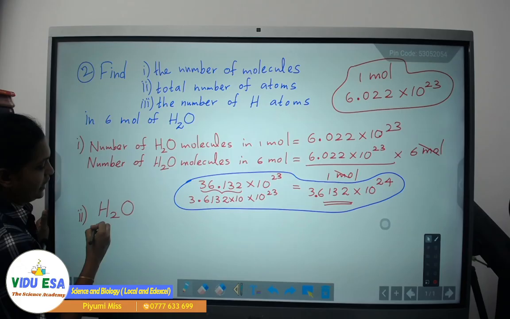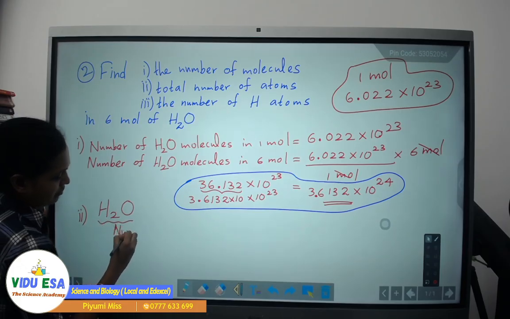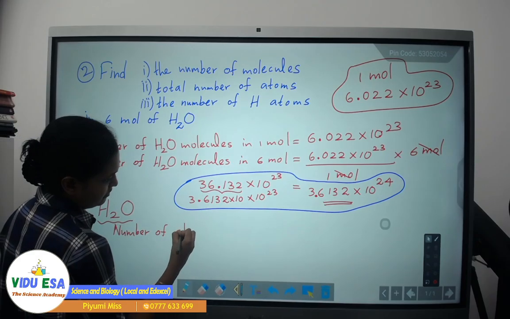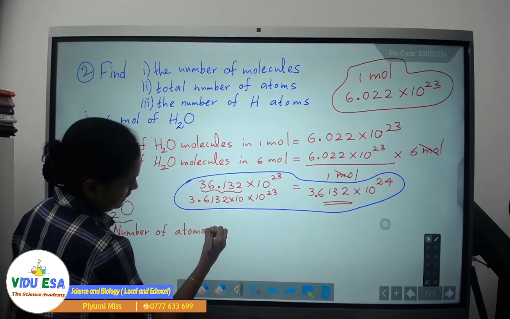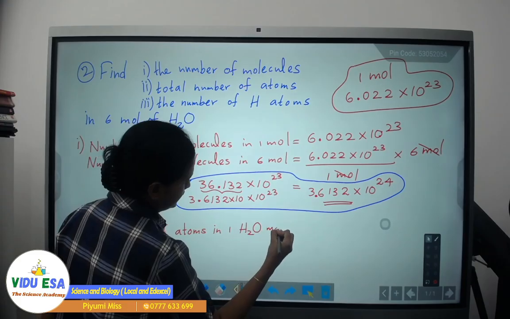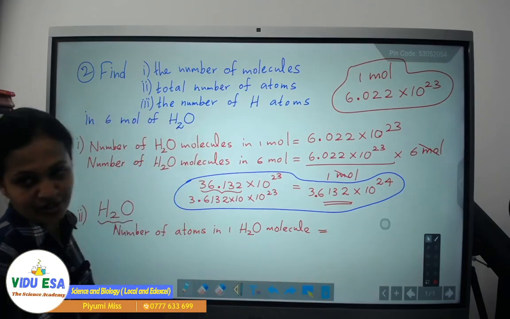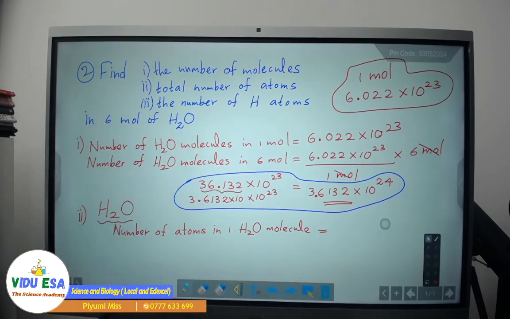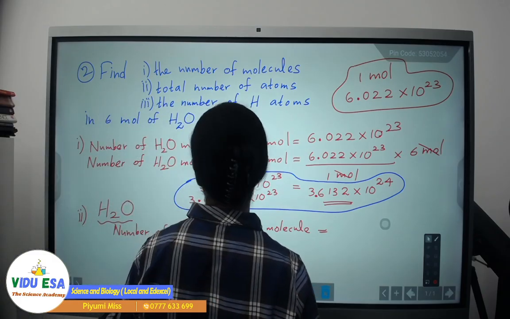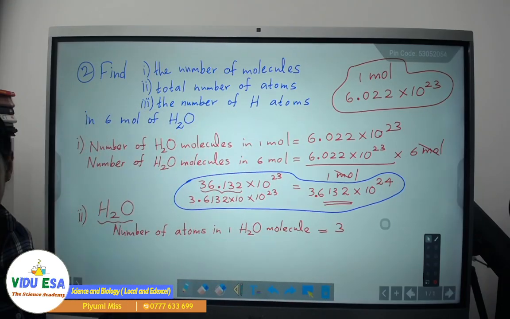So number of atoms in a single water molecule. Here how many atoms are there in a single water molecule? Yes? 3. There are 3 atoms. 2 hydrogen atoms and 1 oxygen atom. Therefore, there are 3 atoms.